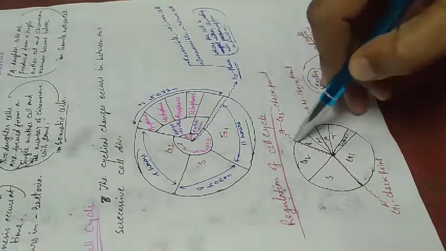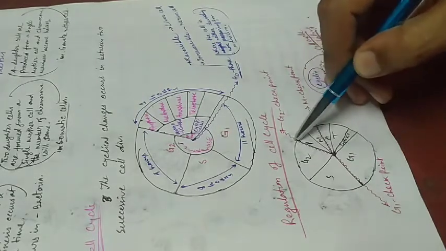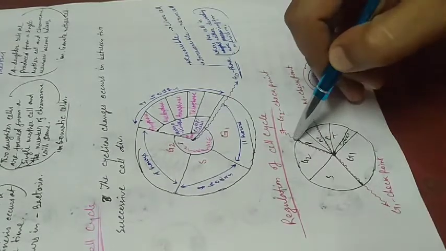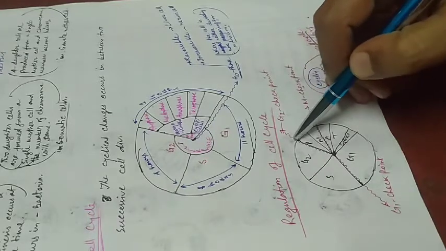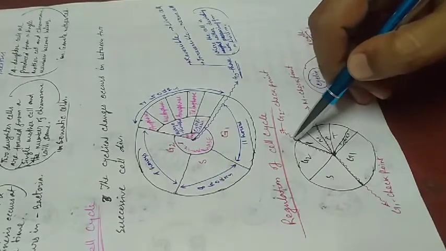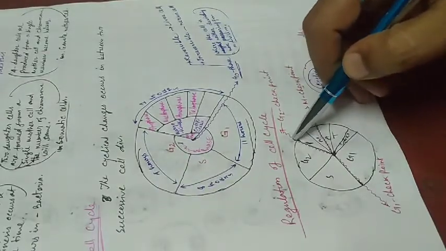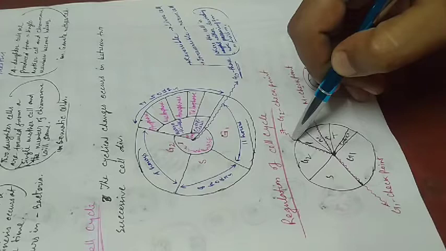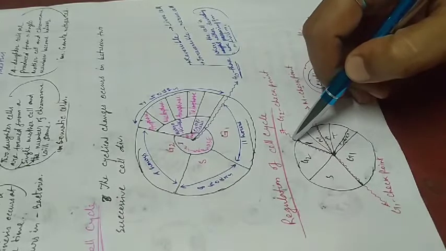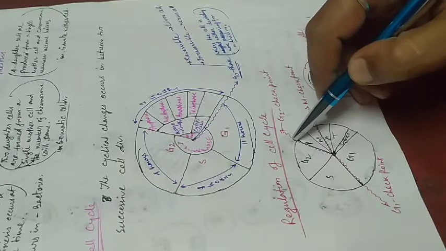Only if the DNA replication process is complete will the G2 checkpoint break down. If a cell has completely prepared its DNA, or completely produced the new DNA, doubling its DNA amount, only at that time will the ATP break down.